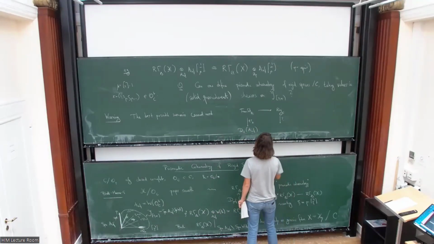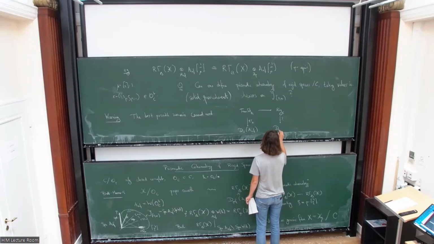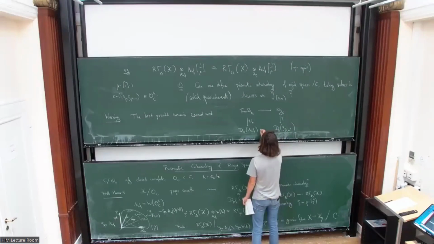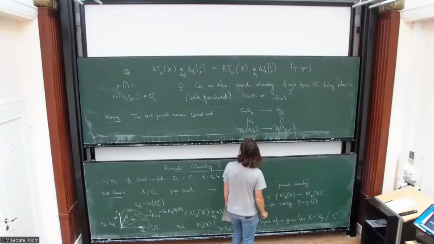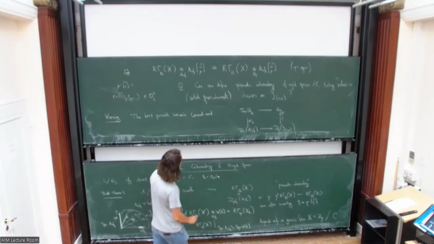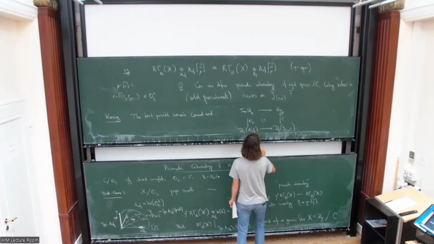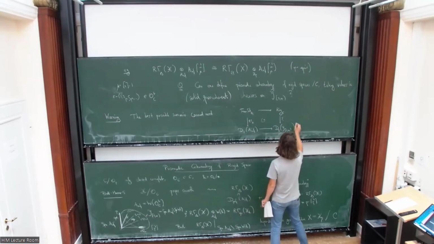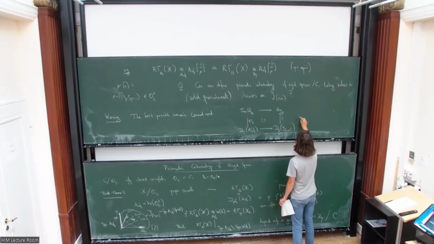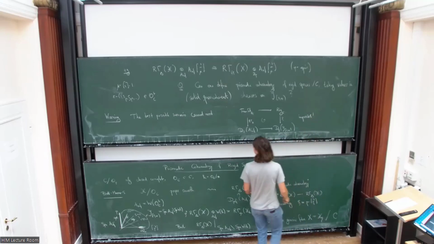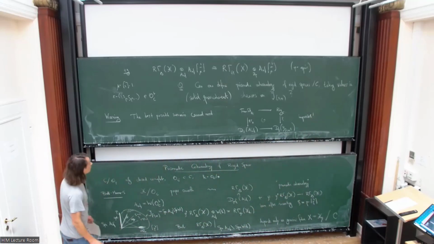Then you would like to maybe have some functor here that goes to solid modules on Y_{0,infinity}. And here you can also take the generic fiber. And so you would like such a diagram to exist. This is not possible, and the reason is quite simple.